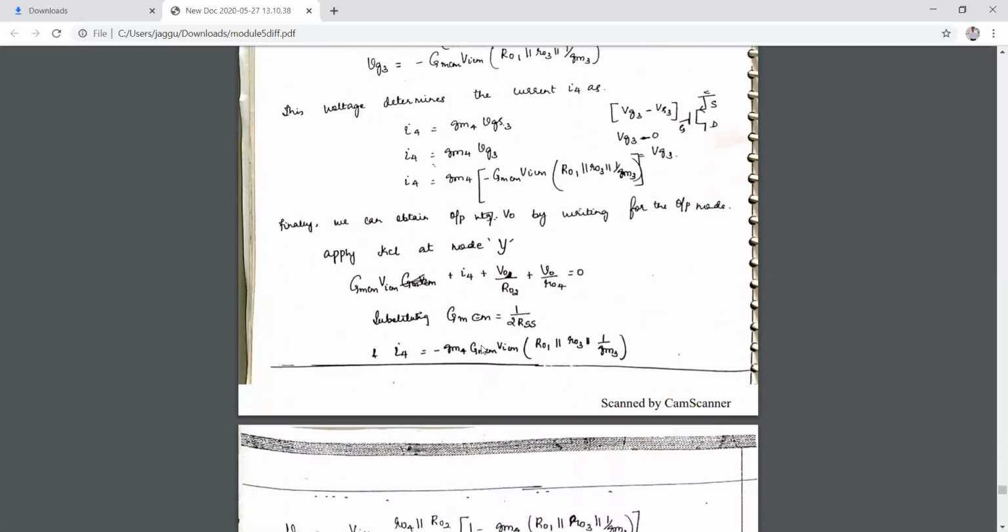You have Gm CM equal to 1 by 2 RSS. So I4 is Gm into VICM R01 parallel. Substituting for I4, Vout is equal to, we get an equation, VICM into R04 parallel R02 into 1 minus Gm4 into R01 parallel R03 parallel 1 by Gm.